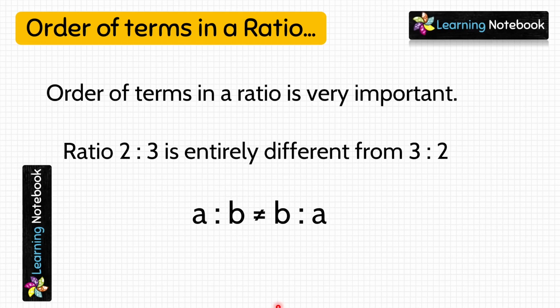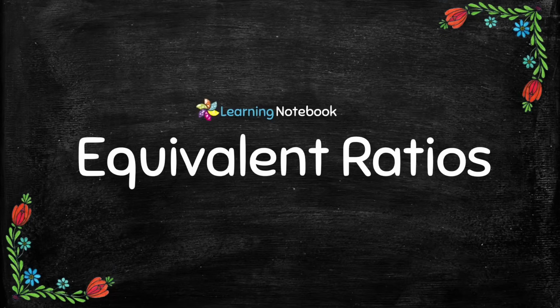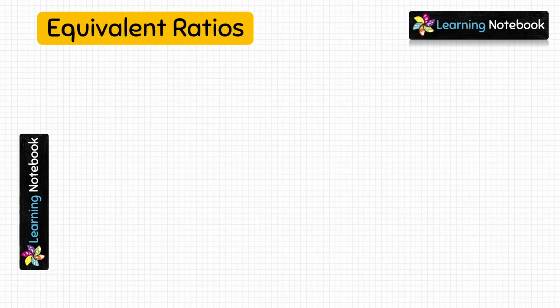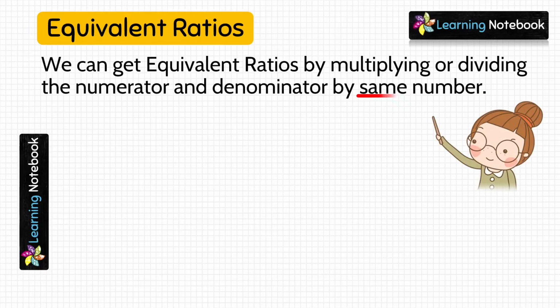Next, we are going to learn what are equivalent ratios. We can get equivalent ratios by multiplying or dividing the numerator and denominator by same number. Let's take an example.